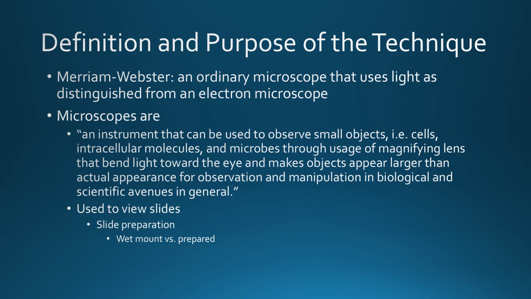Microscopes are used to view slides, and slides are prepared through obtaining a specimen or sample, smearing it against a glass slide, applying some sort of liquid or solution to the specimen on the glass slide, and then you cover it with a cover slip, and then you adjust it, you put it in a microscope, and you look at it.